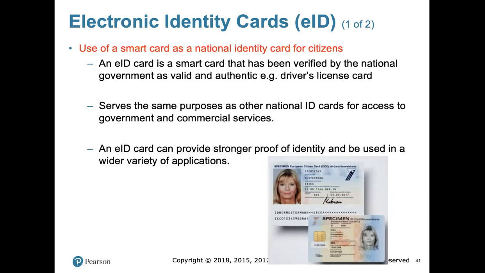These are basically something like a smart card, but they're mainly used by government and national agencies in order to authenticate the citizens. They are called electronic identity cards, and we'll be talking about them in the next video.